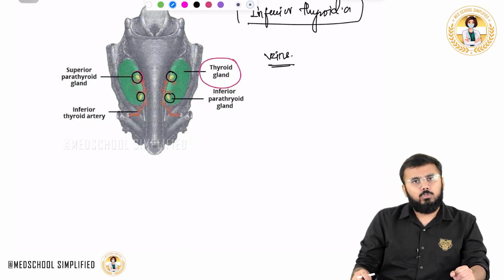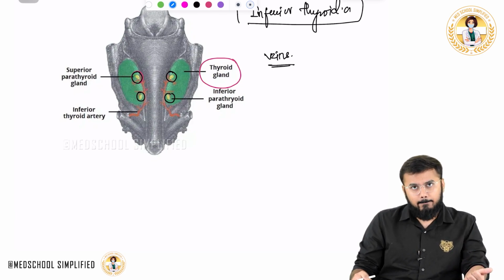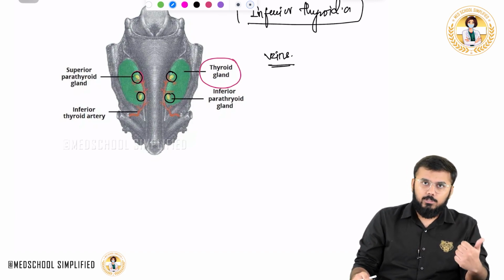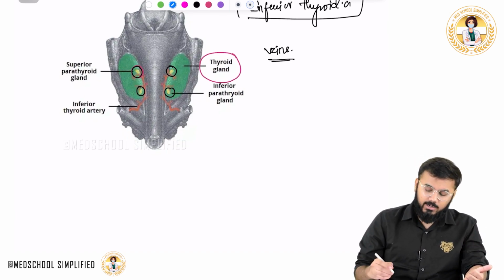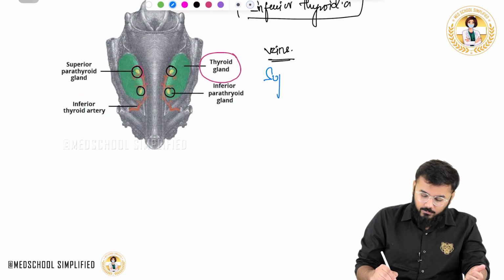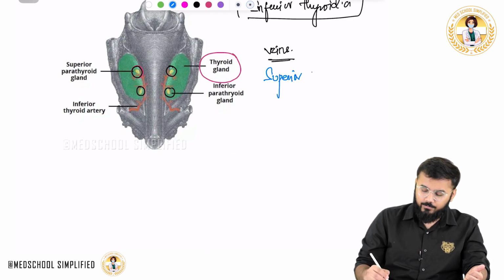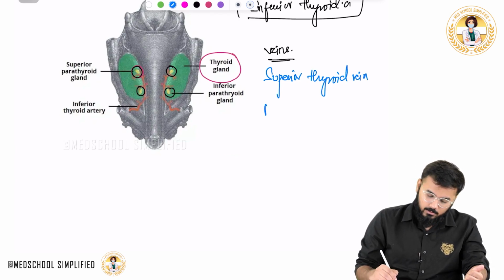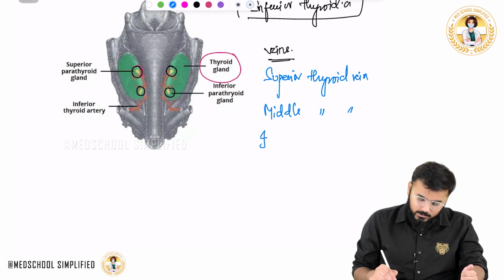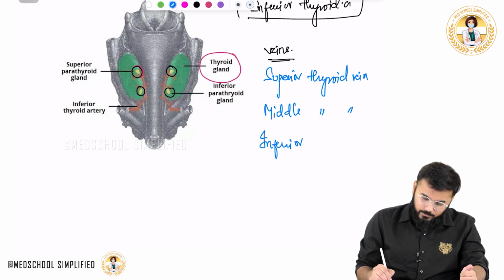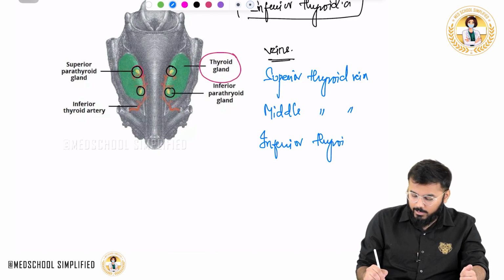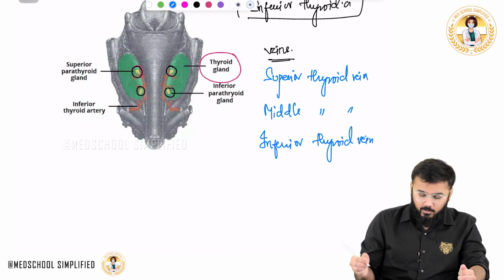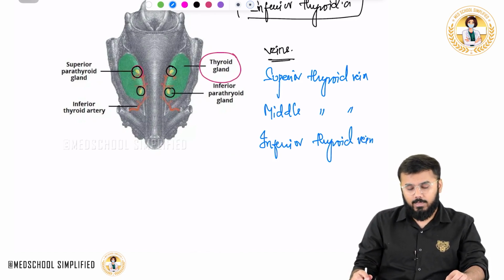The same veins apply here as when we discussed the thyroid: the superior thyroid vein, the middle thyroid vein, and the inferior thyroid vein.